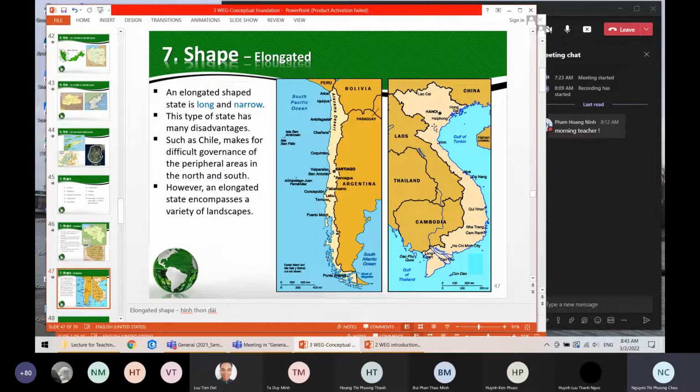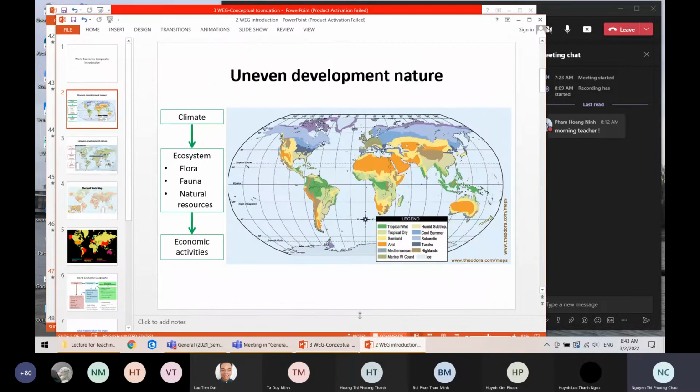In the middle, warmer. In the south, warmer. It also has various landscapes. Landscape is related to ecosystems. Ecosystems have many flora, fauna, and resources.